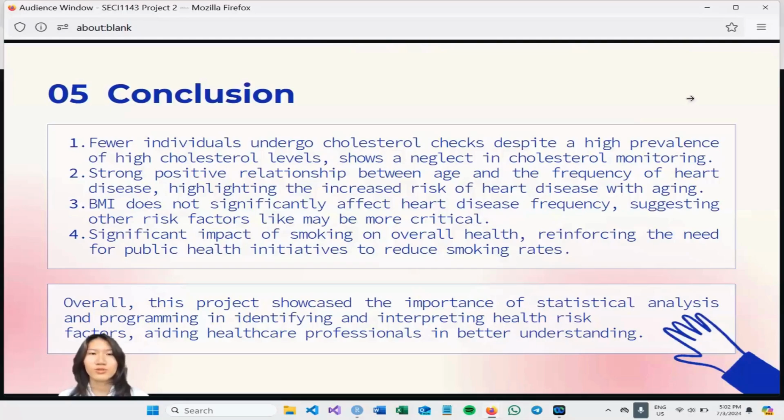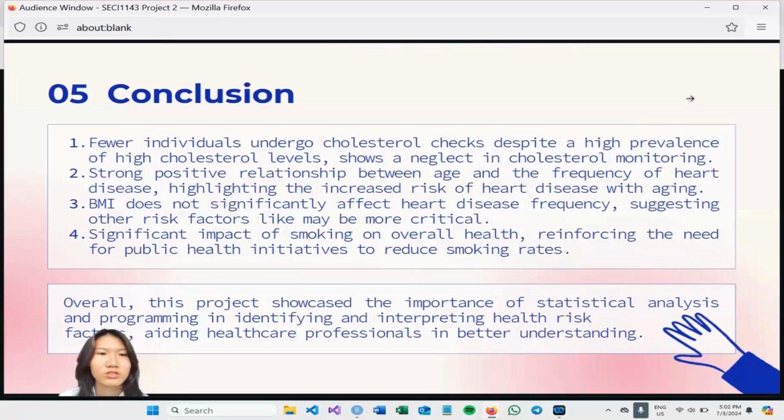There are actually more people with cholesterol-related problems, but they did not go for a cholesterol check. And then the second one is there is a strong positive relationship between age and the frequency of heart disease, highlighting the increased risk of heart disease with aging. This one signals that maybe the elderly should be more aware of their risk of heart disease and take some preventive steps.